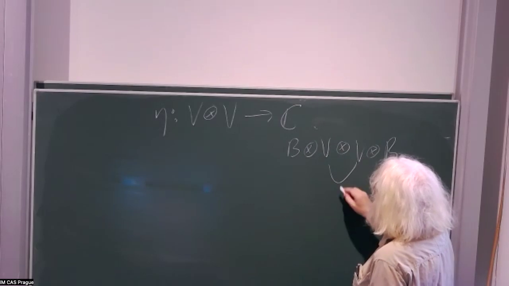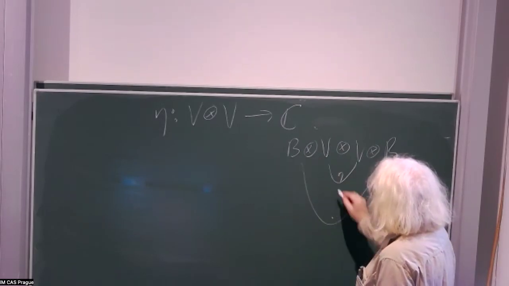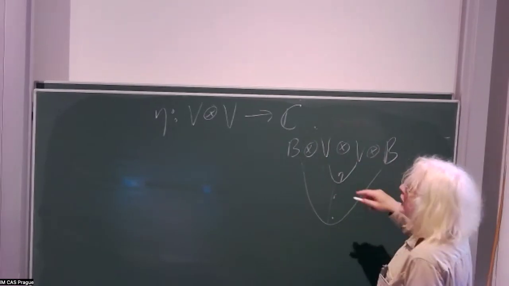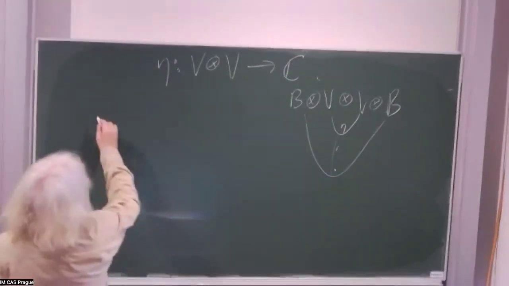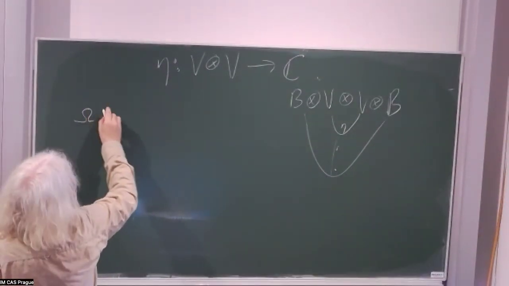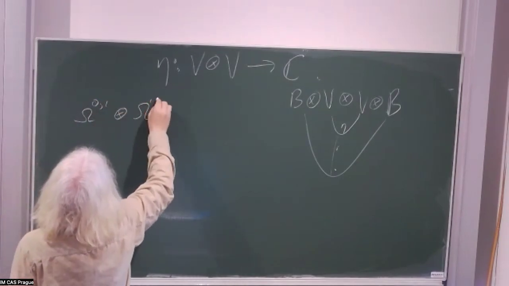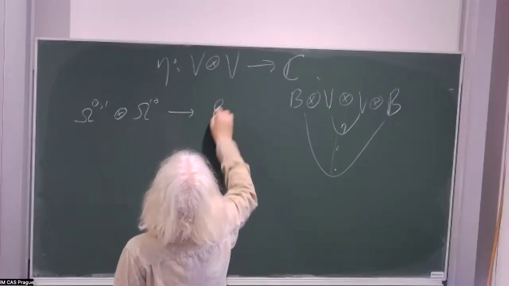Now we apply eta and just do multiplication. And that is then going to give us an inner product, which in this case will go from omega 0-1 tensor omega 1-0 to B.